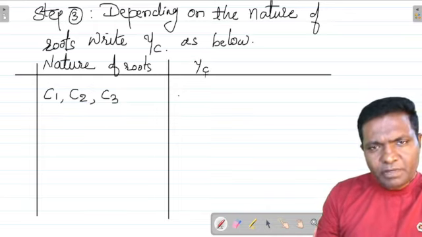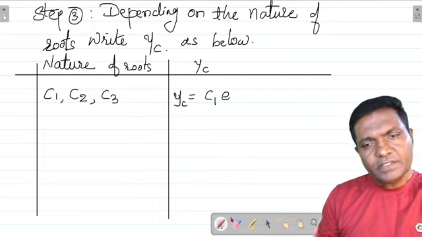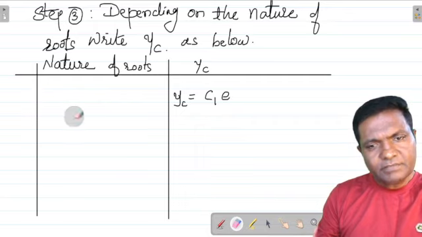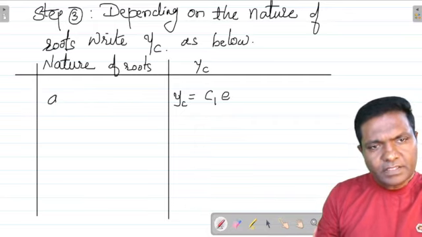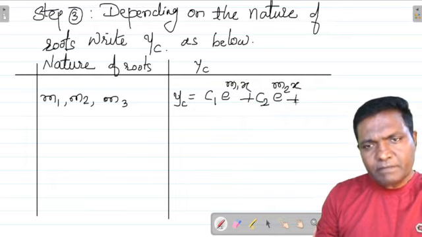Then your complementary function yc you have to write in this form: c1 e^(m1 x) plus c2 e^(m2 x) plus c3 e^(m3 x).